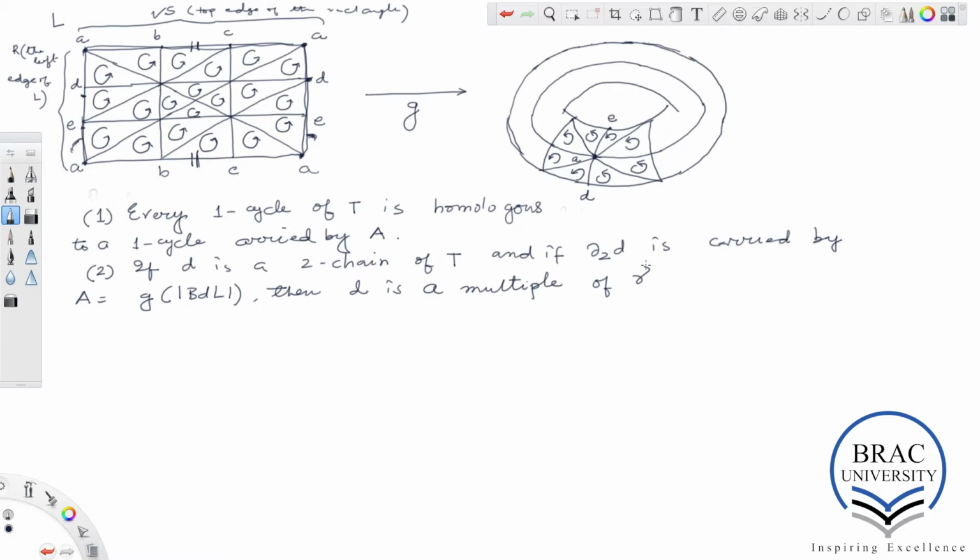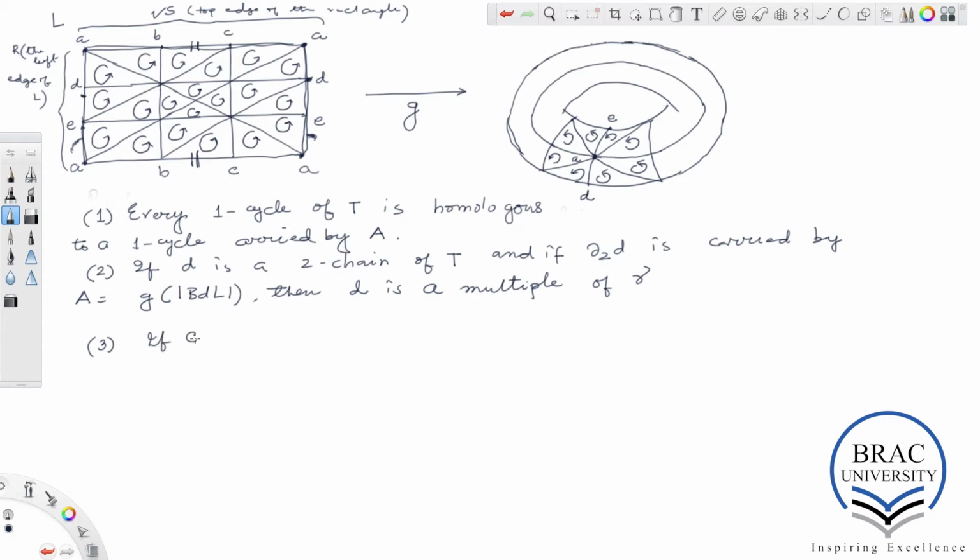Okay, so in addition to these two results, we have two more results to state in the case of the two torus. What are those? 3.